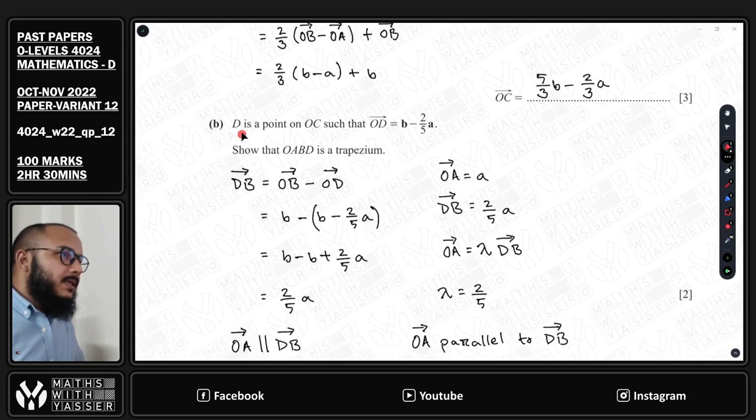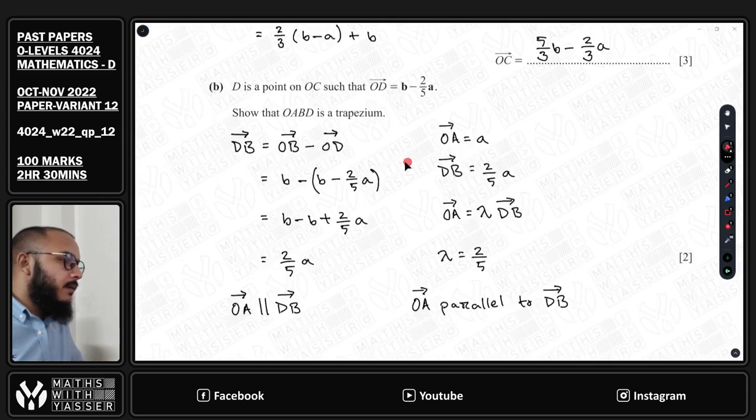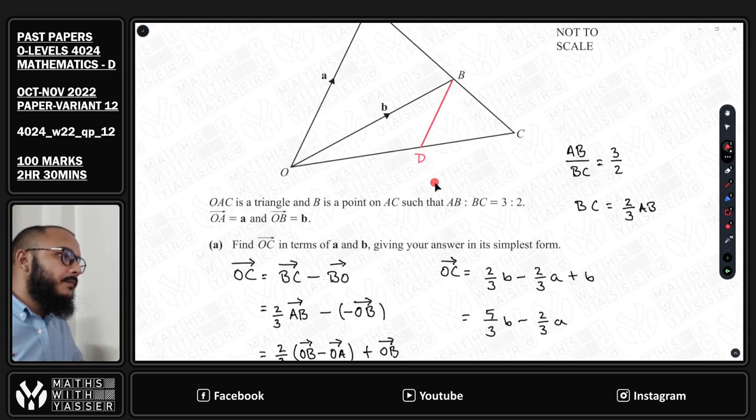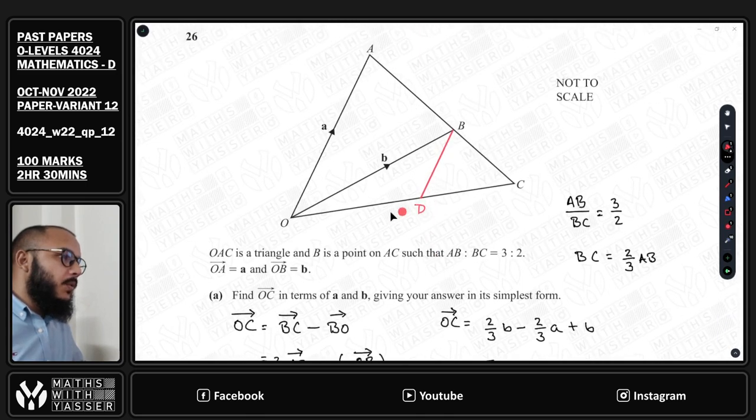In part B, it says D is a point on OC such that OD equals B minus 2 by 5A. We need to show that OABD is a trapezium. So D is the point on OC. This whole bit is a trapezium.